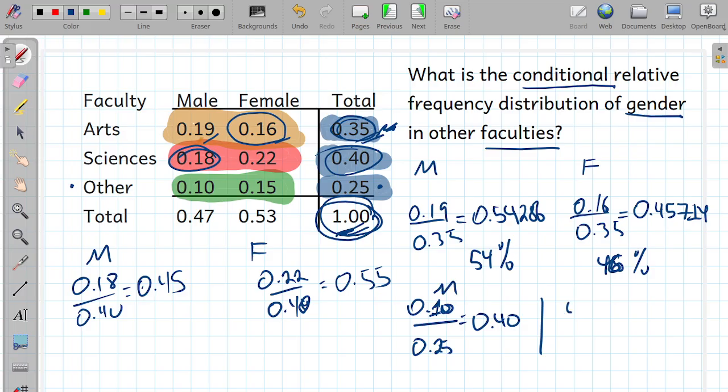Over here for females we have 0.15 divided by 0.25. If we reduce these fractions, and this is kind of how I do this, they both end in 5, so they divide by 5. This is the same as 3/5, which of course is 0.6. And 0.6 and 0.4 make 100%, so we know we're correct, or at least we haven't screwed up too badly. Okay, let's move on.